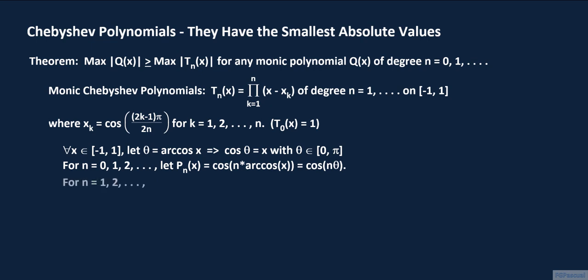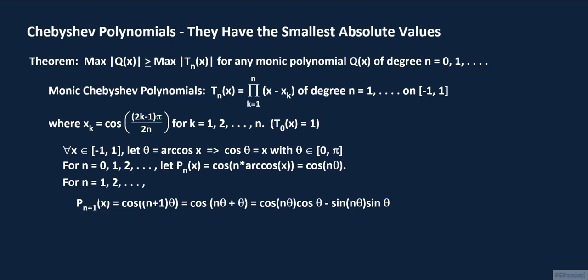And so, for n greater than or equal to 1, p_(n+1)(x) equals cosine (n+1) theta, which is equal to cosine(n theta plus theta), which is equal to cosine n theta cosine theta minus sine n theta sine theta. Similarly, p_(n-1)(x) is equal to cosine(n theta minus theta), which is equal to cosine n theta cosine theta plus sine n theta sine theta.